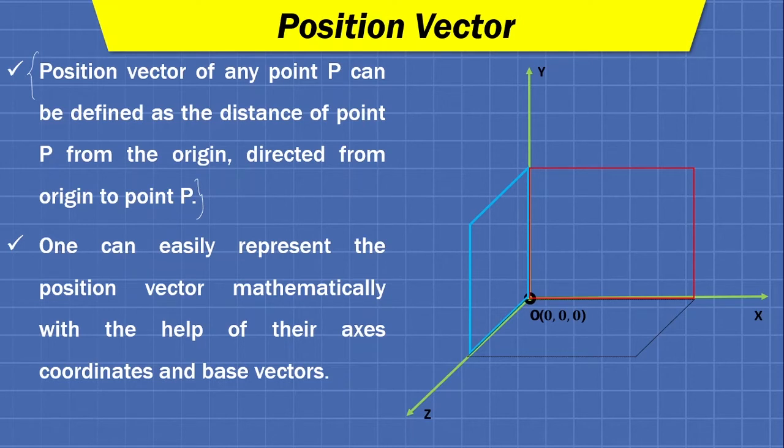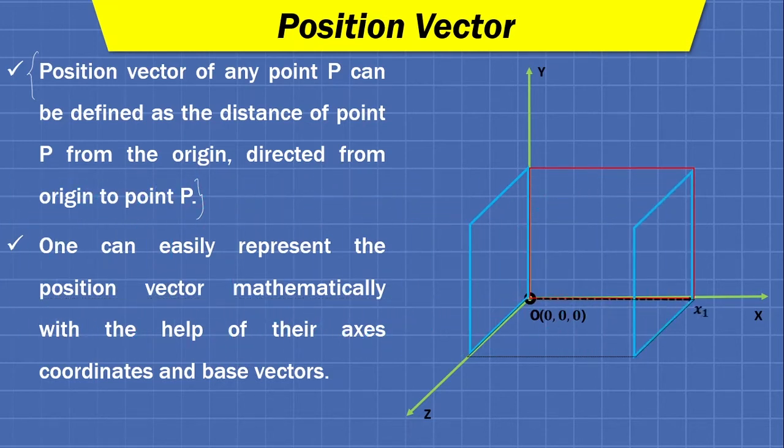One can easily represent the position vector mathematically with the help of axis coordinates and base vectors. So the application of base vectors is that we can represent any point in vector representation.